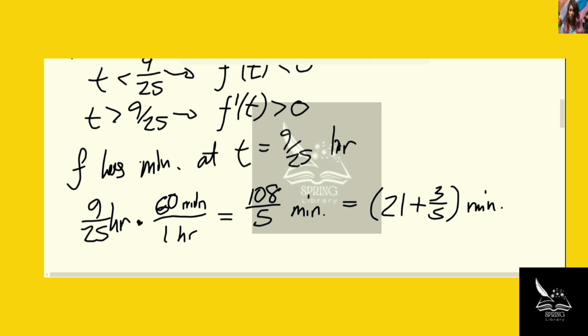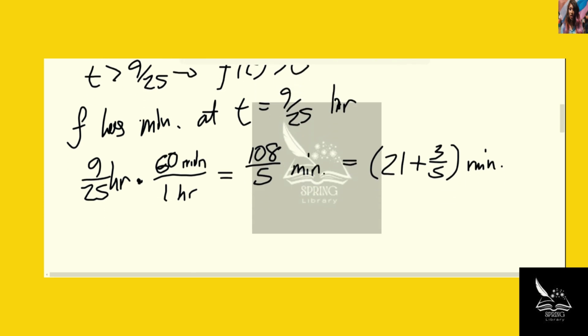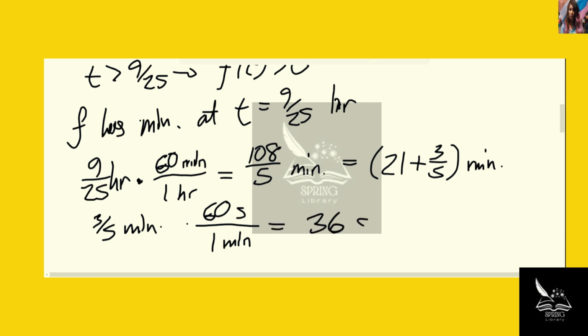Now, what is this 3/5 minutes in terms of seconds? Well, 3/5 minutes times, once again, we have 60 seconds per 1 minute. This is 36 seconds.